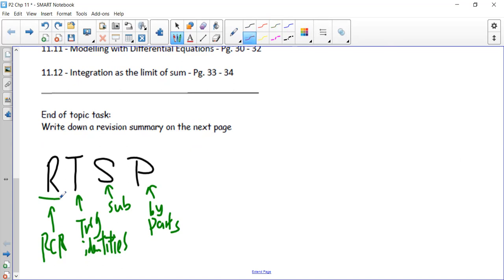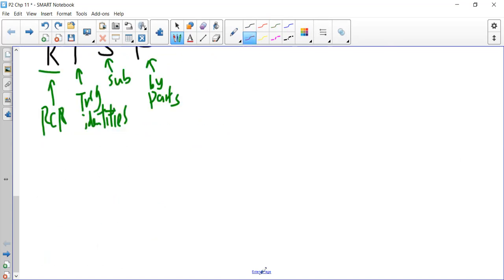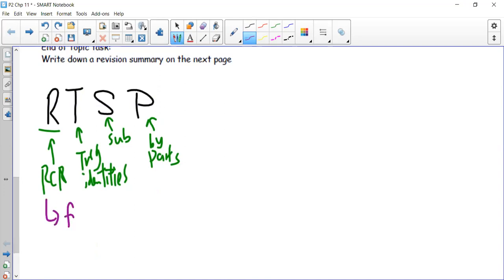Now, in the reverse chain rule, when it comes to a fraction, you should think about LPP. L stands for ln, P stands for power, and what does the last P stand for?